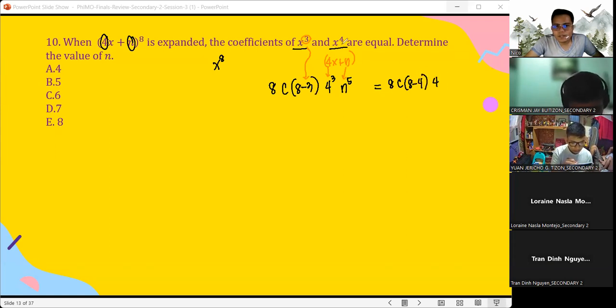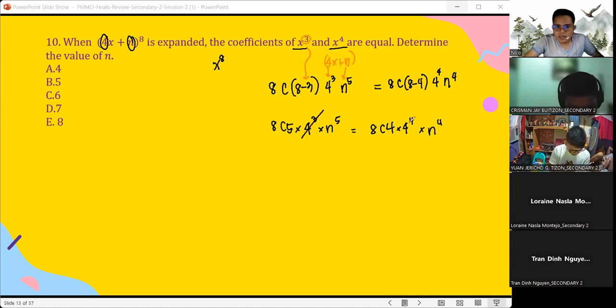Then 4 raised to 4 here, right? Then n raised to 4. So this is 8c5, 4 raised to 3, n raised to 5. Then 8c4, 4 raised to 4, n raised to 4.